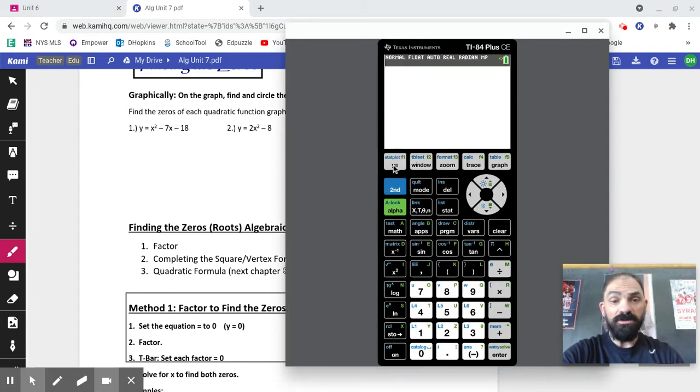We go to y equals, and let's put in x squared minus 7x minus 18.